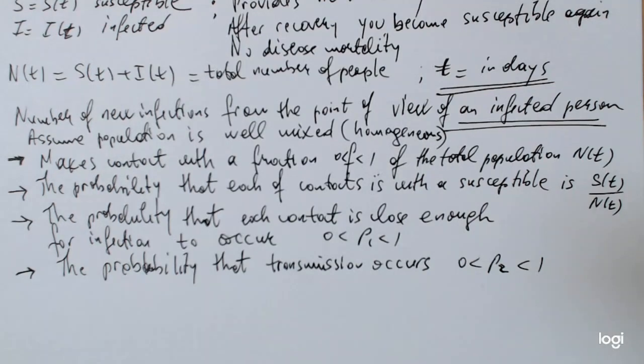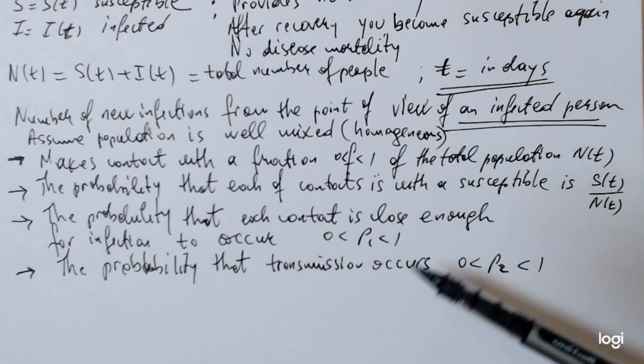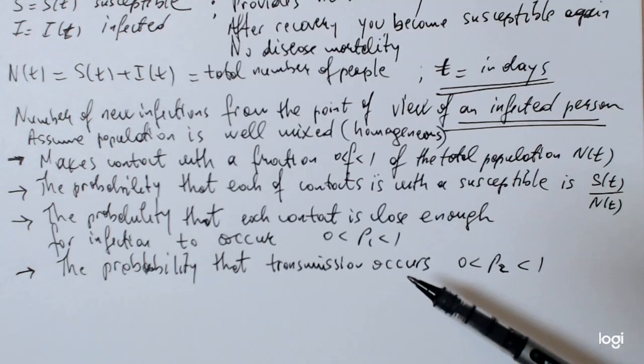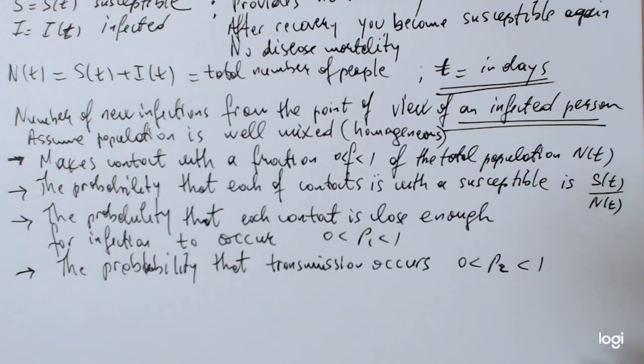So there are lots of things that come into play in these contact rates, as you'll see. At the very least, you can think about the fraction of people you meet, where the probability that you meet a susceptible is always S over n, whether you're close enough, whether the transmission occurs, and so forth. It's very specific to the disease, obviously, because it depends on how the disease is transmitted. That defines what you mean by contact rate.